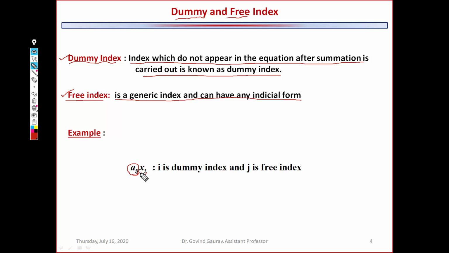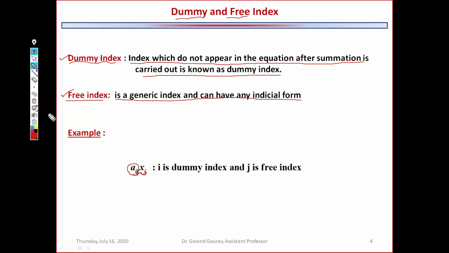If I write simply x_i, it is some kind of vector. All these quantities, the scalars and vectors, come under the category of tensor quantities. The tensors can be zeroth order tensors, first order tensors, and second order tensors. A scalar is called a zeroth order tensor, a vector is denoted by a first order tensor, and the stress and the strains are regarded as second order tensors.